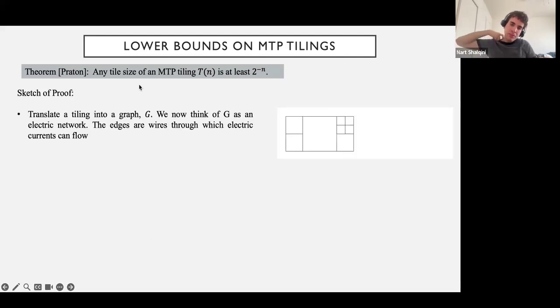So we first need to translate a tiling into a graph. In this case, in order to make it more visually clear, I have assumed a rectangle instead of a square. But in the end of the proof, I'll make an assumption that requires this to be a square instead of a rectangle.